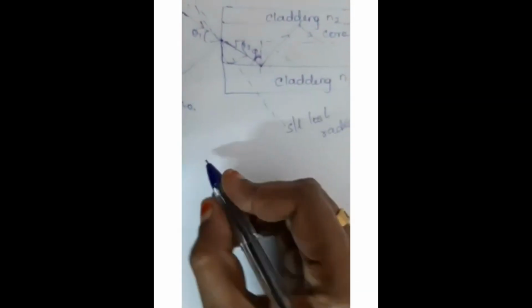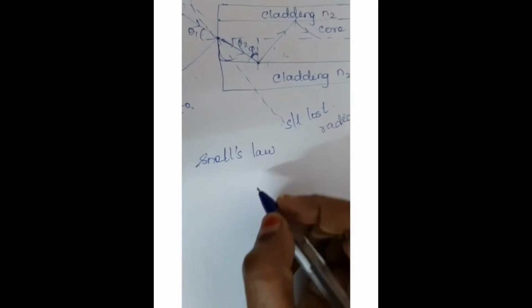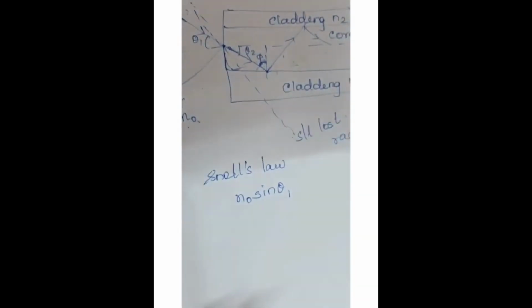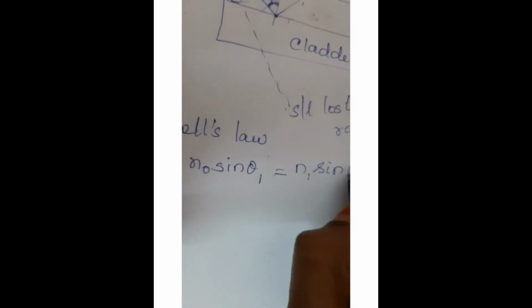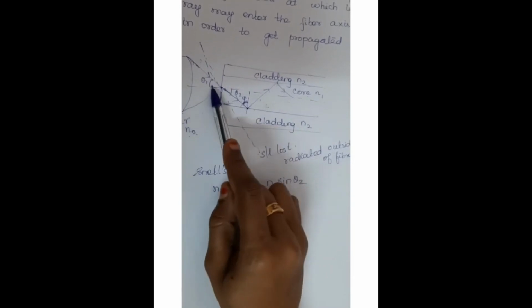So here you can write according to Snell's law: n0 sin theta 1, where the refractive index is n0 and the angle is theta 1, is equal to n1 sin theta 2.